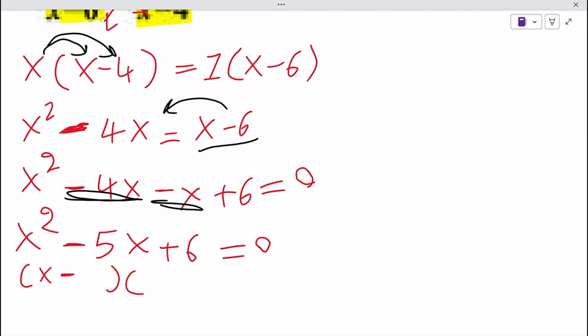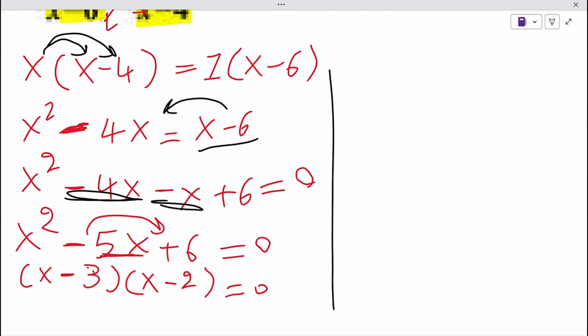Negative times positive is equal to negative, and because we have the same sign, we have to use 2 times 3 or 3 times 2, because 3 plus 2 is equal to 5. This is the middle term. Okay, equal to 0. So we have two values of x. The first one is x is equal to 3, and the second one x is equal to 2. Okay, and this is our solution.